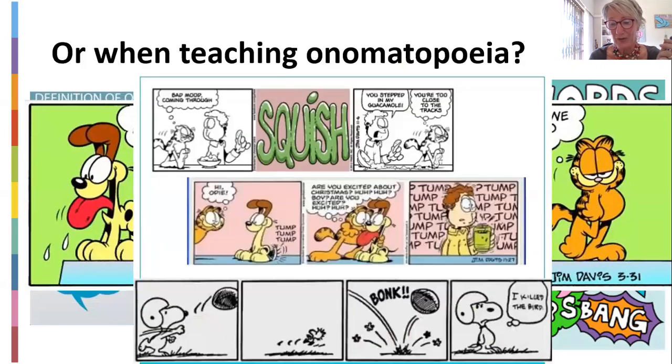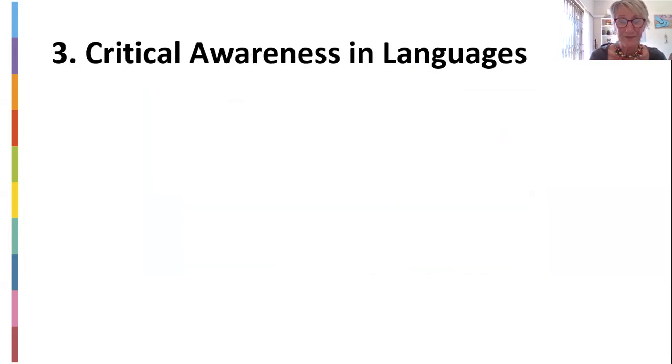And here's another one, quite a few of them. There's squish, all right. There's thump, thump, thump, the tail being happy when the dog's tail goes up and down. And here's boink when the ball bounces. Okay, so there's lots of different ways, especially looking at cartoons, thinking of alternative forms of onomatopoeia, where you can practice using sound, using text, using visuals in an integrated manner.